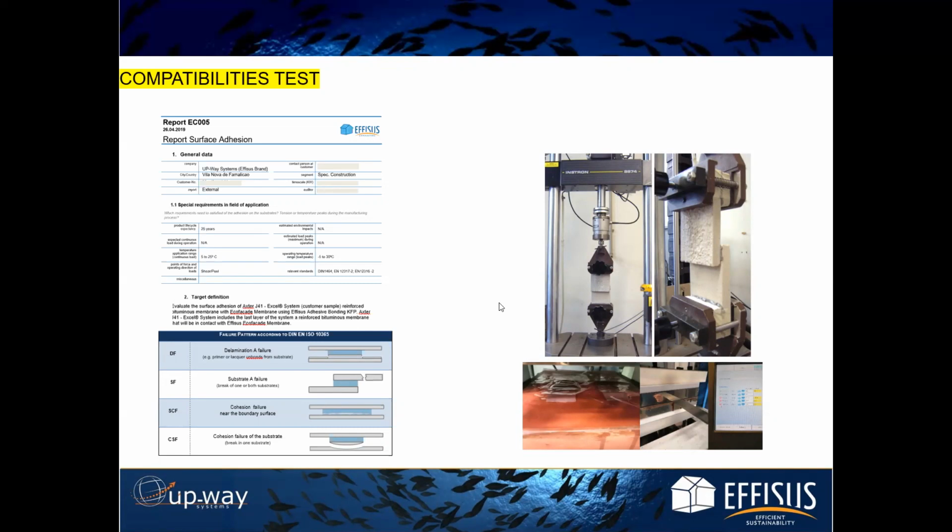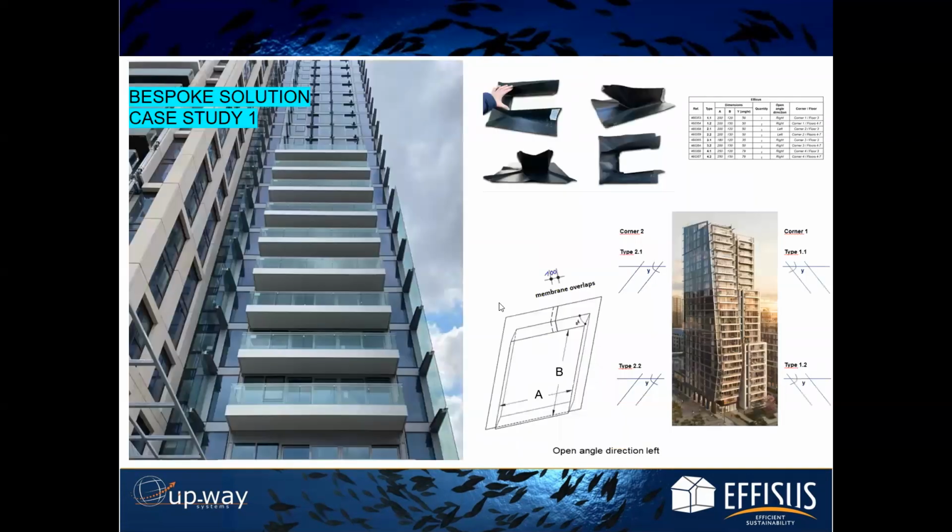And what we do here, again, we analyze all of that, we do compatibility tests, and then we develop a report on the surface adhesion, and we will tell you exactly if that product is fit for the kind of surface that you have, for the kind of wall that you have at site, and if this is going to really work well in the end. So this is something that we do as well. We evaluate all of these compatibilities between the products themselves that are going to be applied at site.